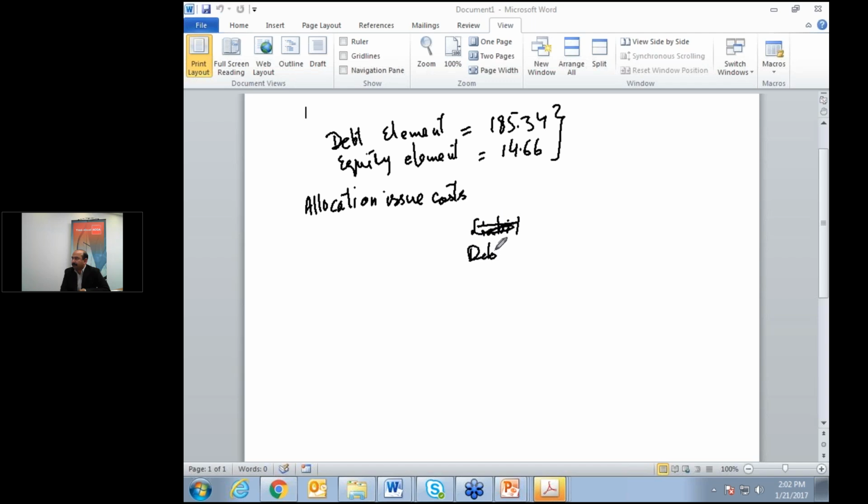Debt element, and then equity element. Debt element proceeds related to this: 185.34, using step number 1 and step number 2.